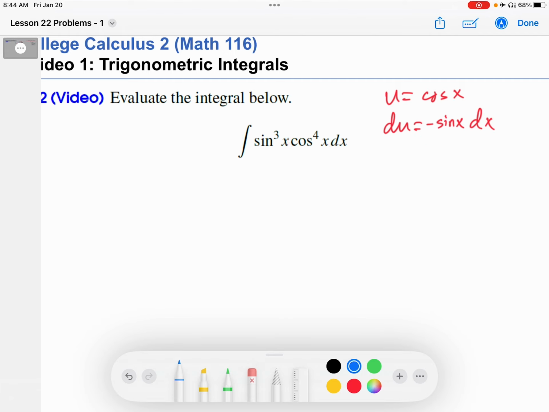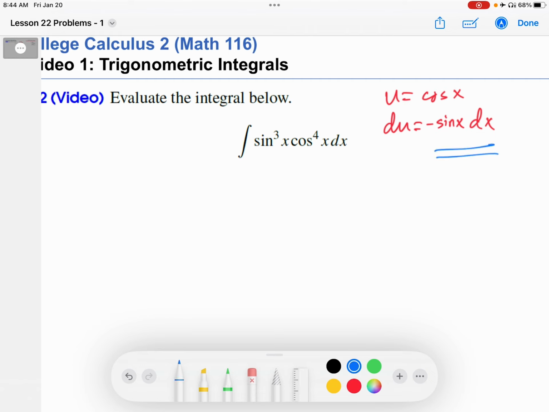It doesn't mean, however, that we abandon this route, because it is sine and cosine, and one is the derivative of the other, perhaps with a negative sign in the case of cosine. So what we want to do is manipulate the integrand using trig identities to get it to the point where we can use this u-substitution and have it work out. So how do I do that? Well, let's think, right?